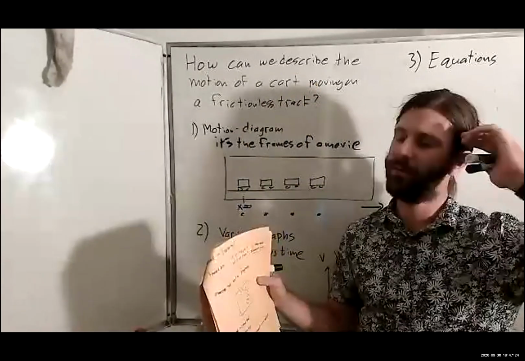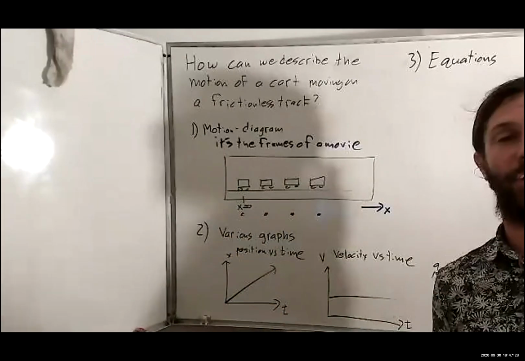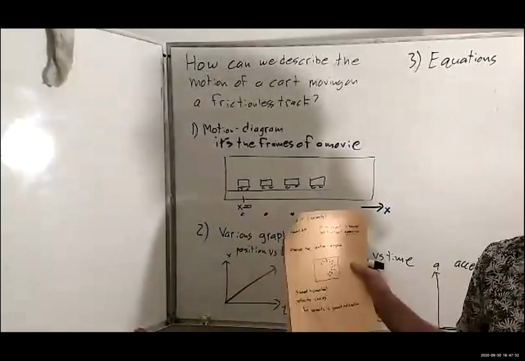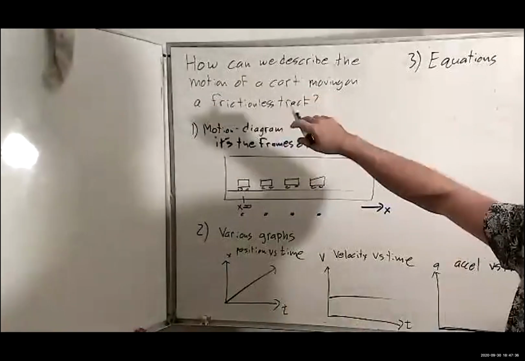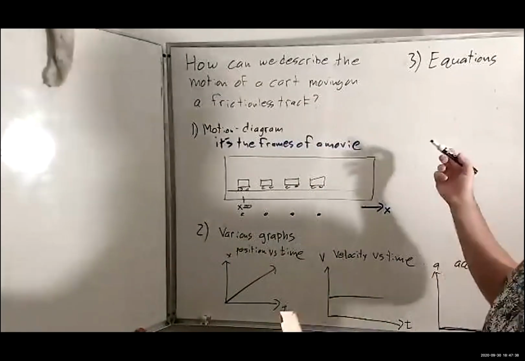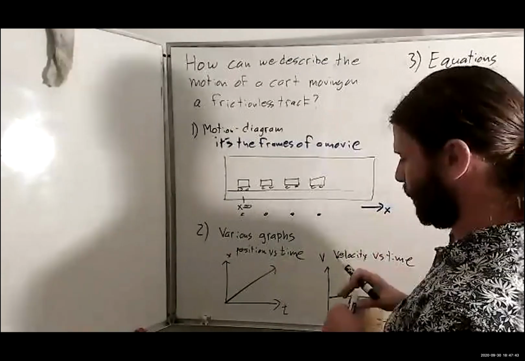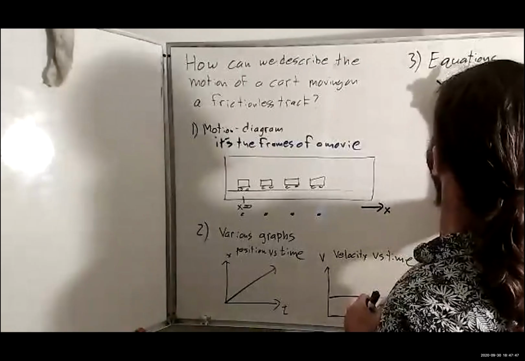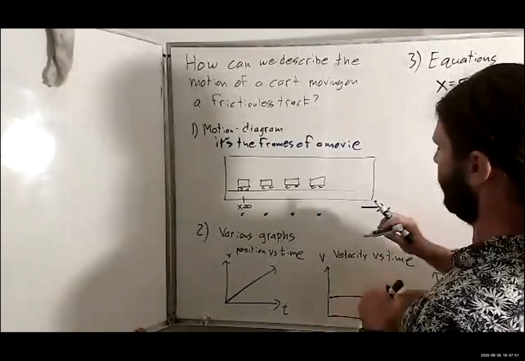Today I don't think we'll get too much into equations. In the video I make and post on Panopto later, I'll start talking about equations. Today we're going to stick to how these things are related. But I'll just make one up: x equals 5t plus 1 or something like that.